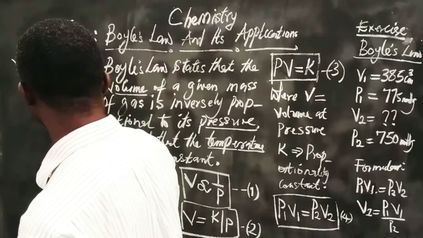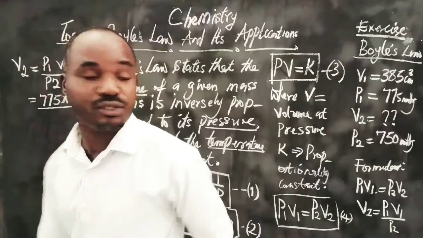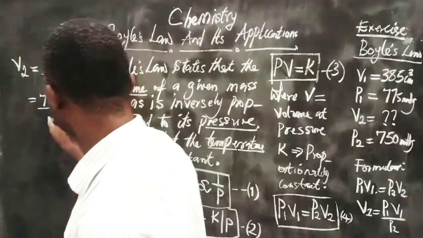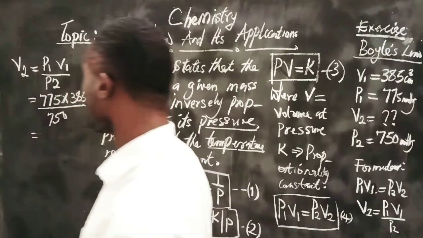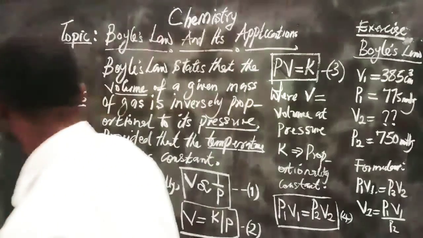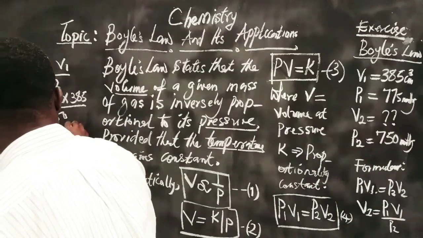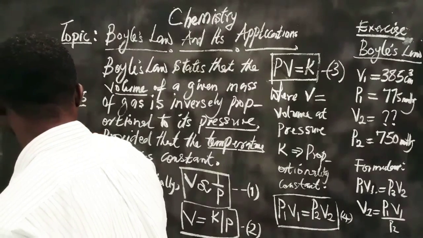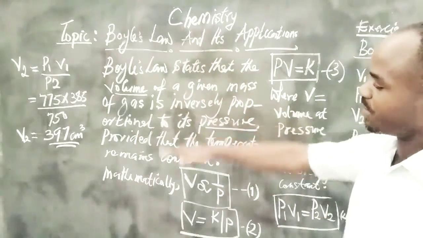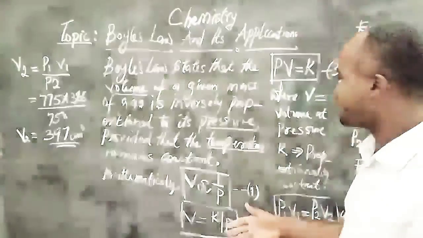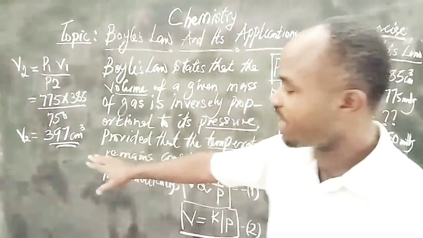V1 is 385, all over P2, which is 750. So if we work this out, we are going to have V2 is equal to 397 cm cubic. So that is the final answer. You can see from Boyle's Law, the statement, the mathematical representation of it, and then all this down to the application. So this is the final answer to that question.